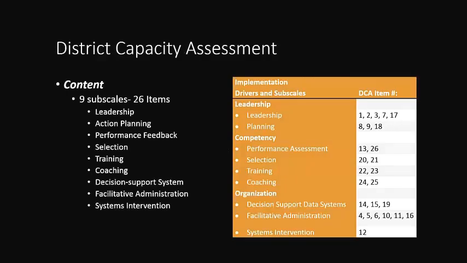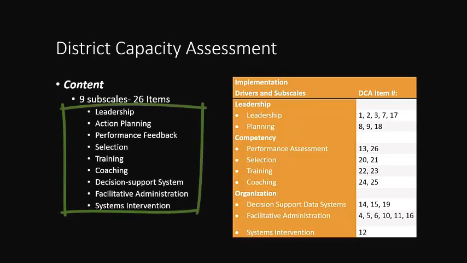District capacity assessment focuses on 9 key areas through 26 items or 26 questions. Leadership, action planning, performance feedback, selection of programs, what your training looks like, coaching, do you have coaching in place, and what's your capacity to sustain that, your capacity for decision making, is administration involved in your PBIS work?